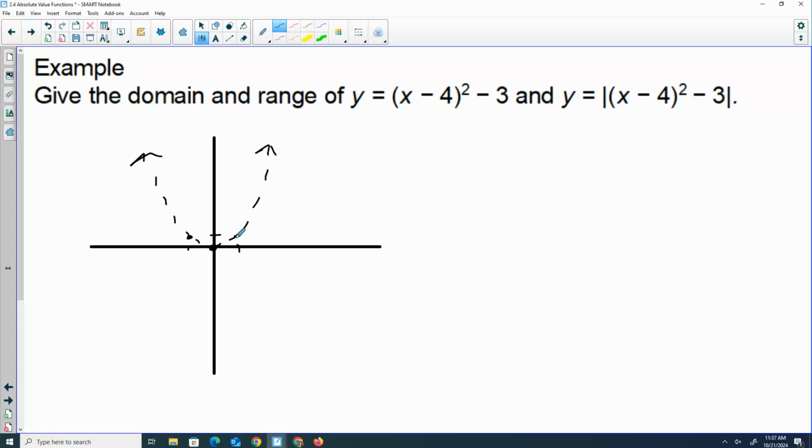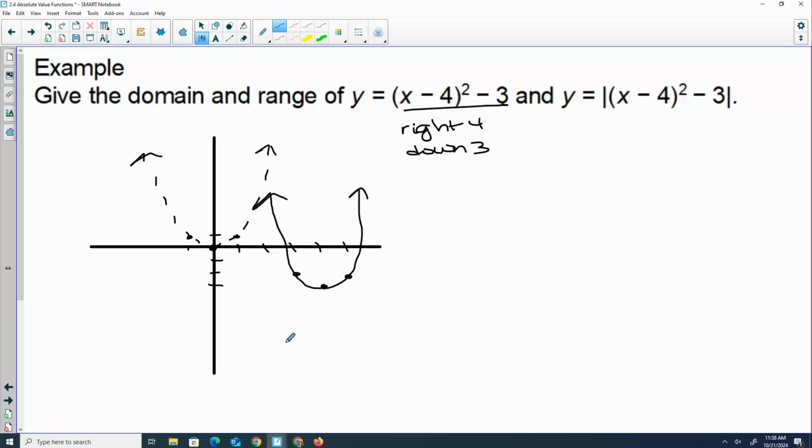Okay. How would this original one move? My transformation there. So this is my original.